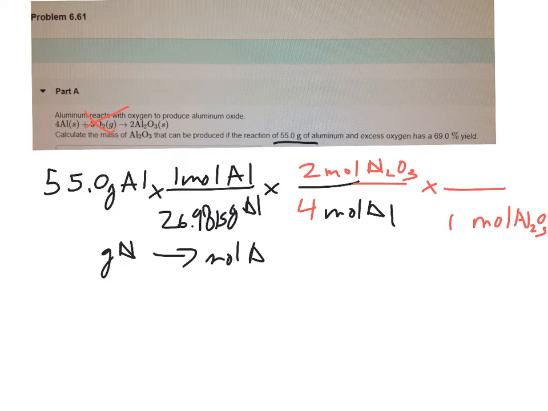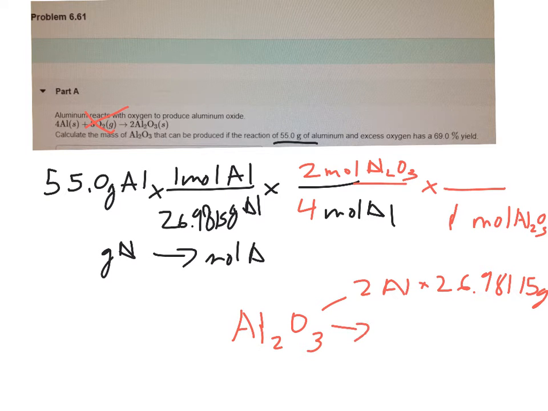1 mole of aluminum oxide, I go to my periodic table. Two aluminums at 26.9815 grams each. 3 oxygens at 15.9994 grams each.